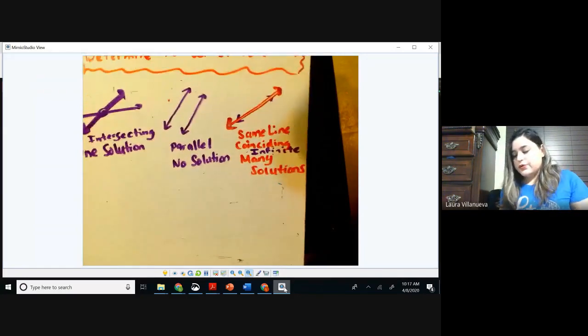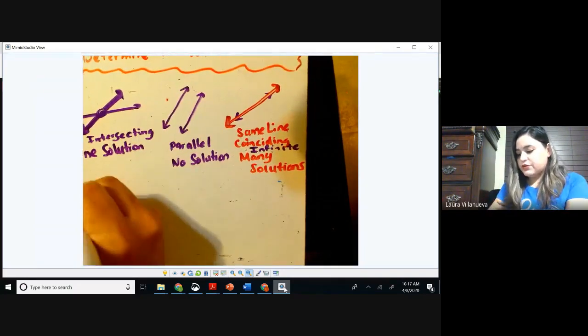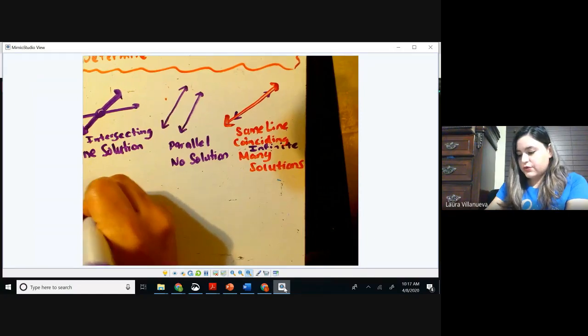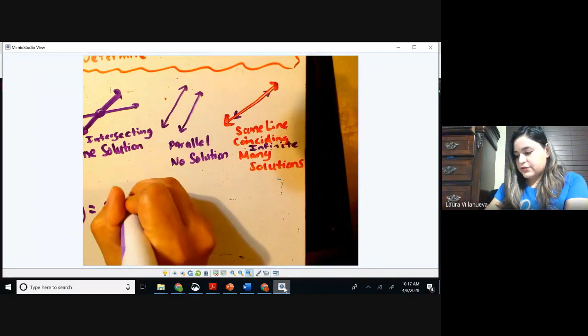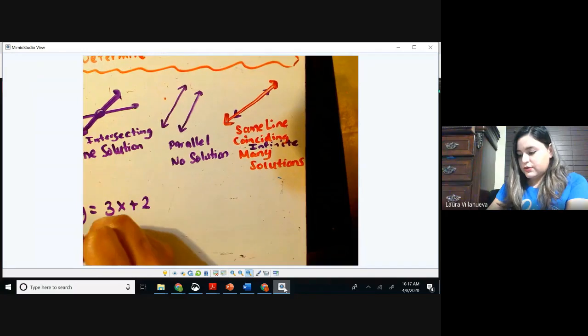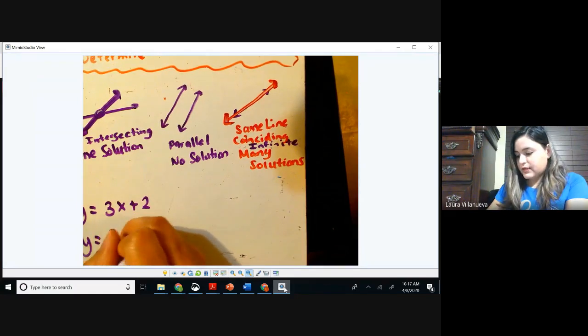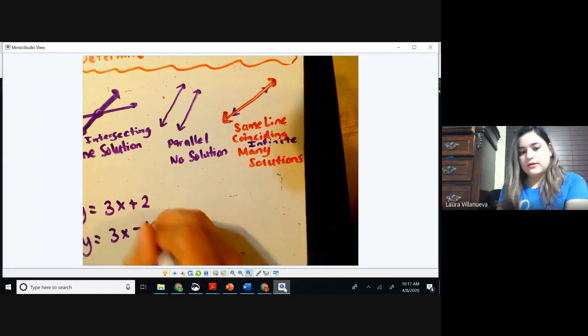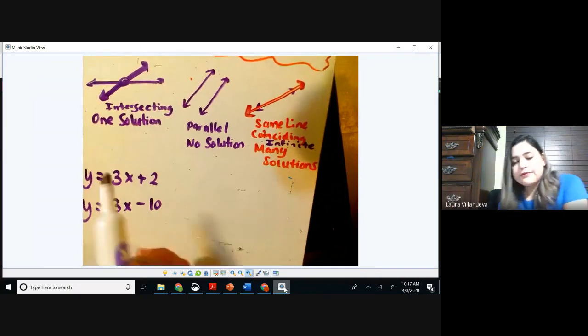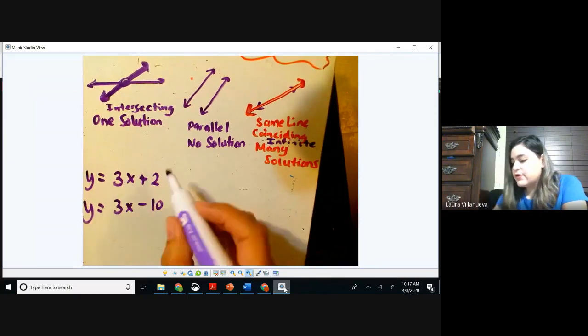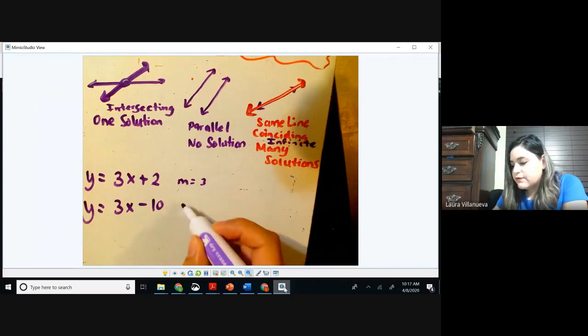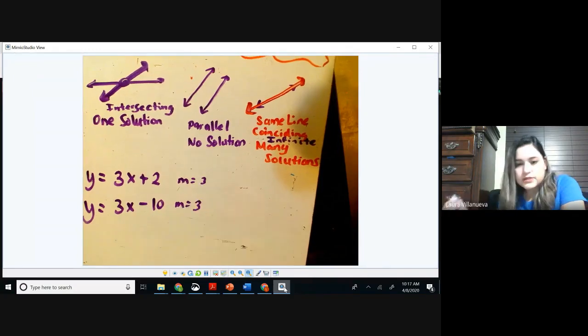So what you're going to do is if you have 2 functions, let's say you have y equals 3x plus 2 and y equals 3x minus 10. Now, if you graph these, you notice that the slope is the same. So the slope for this one is 3 and the slope for this one is 3.